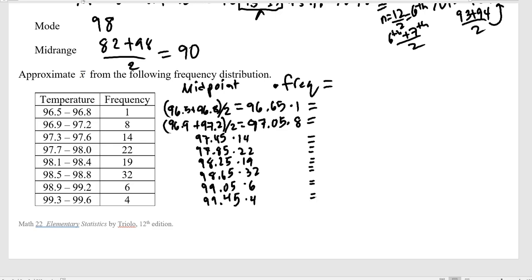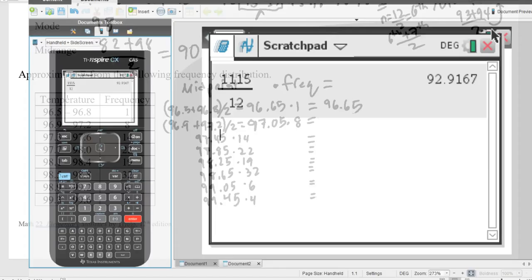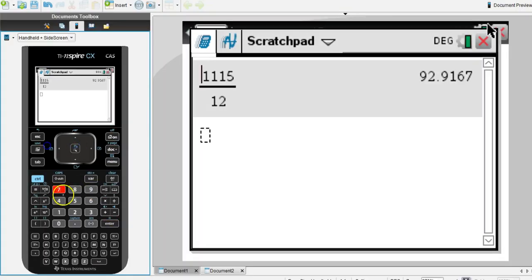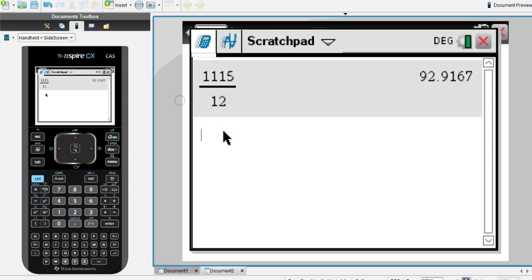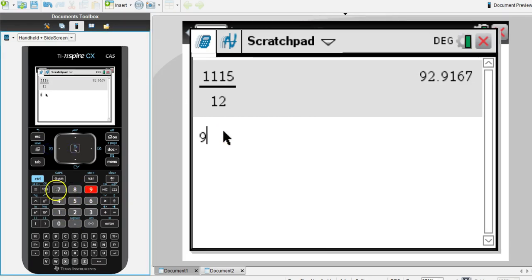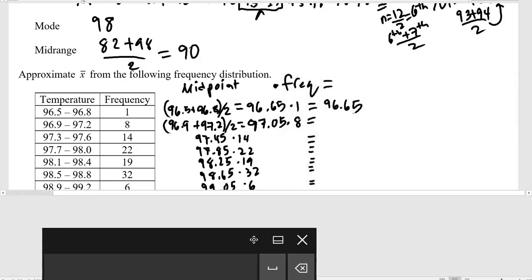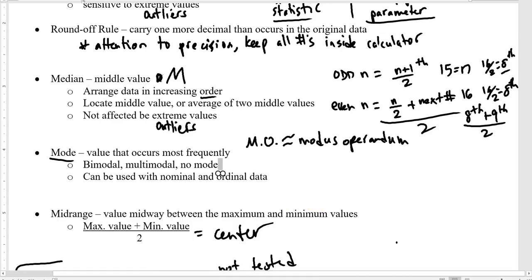Alright, I'll do the easy one. 96.65 times 1. Here's where things get tricky. 97.05 times 8. Double check it. About 776.4.